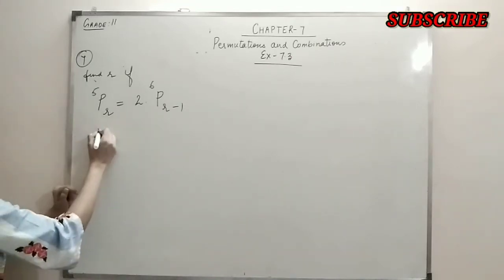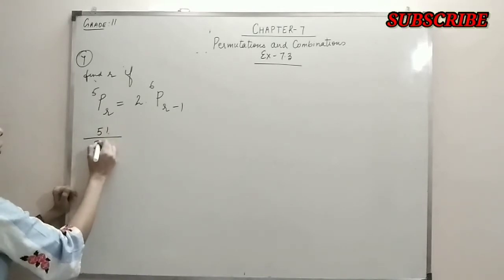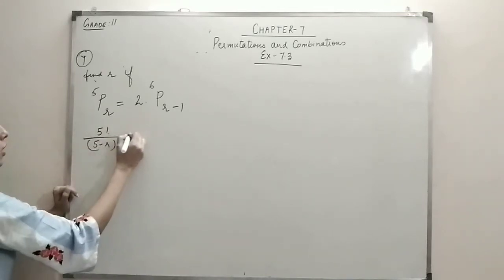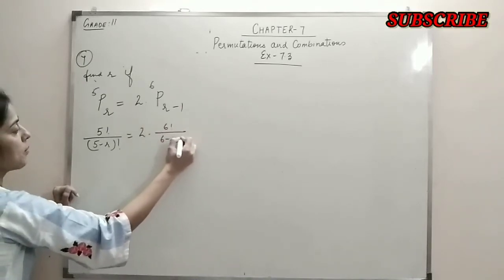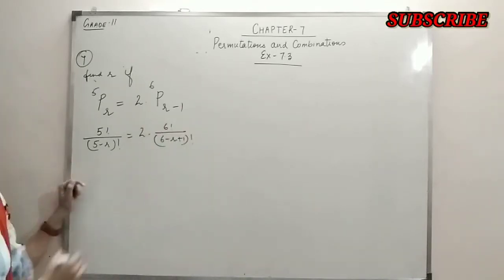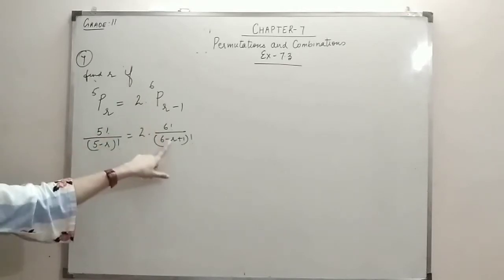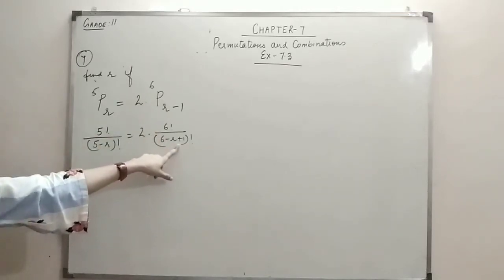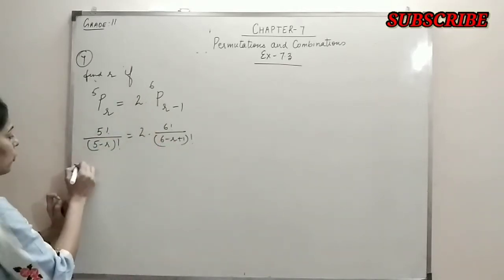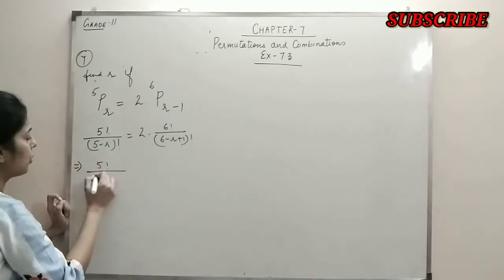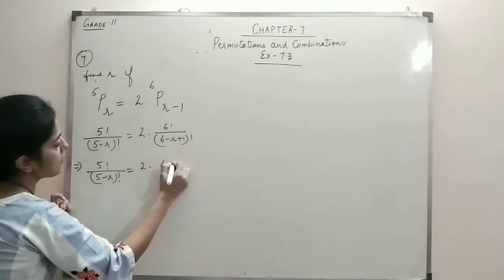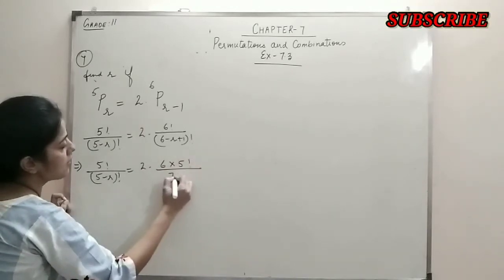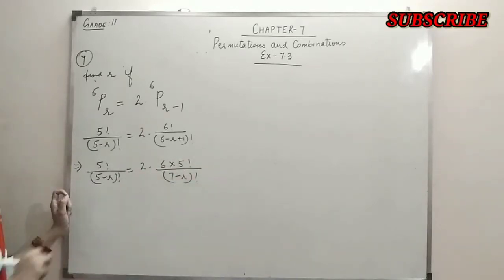We have 5 factorial upon 5 minus r factorial equals 2 into 6 factorial upon 6 minus (r minus 1) factorial, because of the minus, that is 7 minus r factorial. So 5 factorial upon (5 minus r) factorial equals 2 into 6 into 5 factorial upon (7 minus r) factorial.